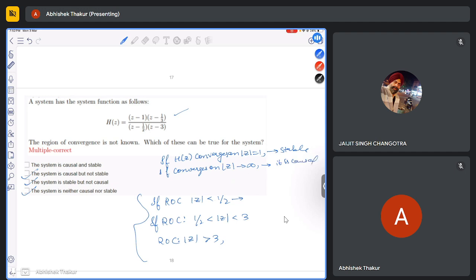So if the ROC is less than half, then the system is neither causal nor stable. If it is half to 3, then it is stable because z equal to 1 comes, but not causal. And if |z| is greater than 3, then it is a causal system. So options B, C, D are the correct answer for this question.